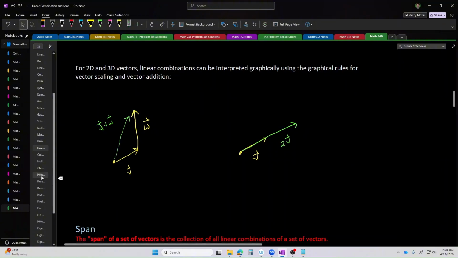Now, if you combine these two properties, you can understand linear combinations through a graphical perspective.